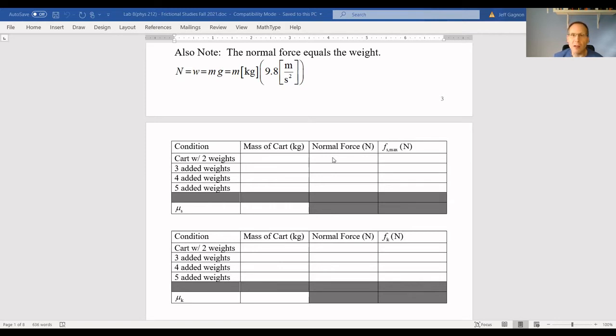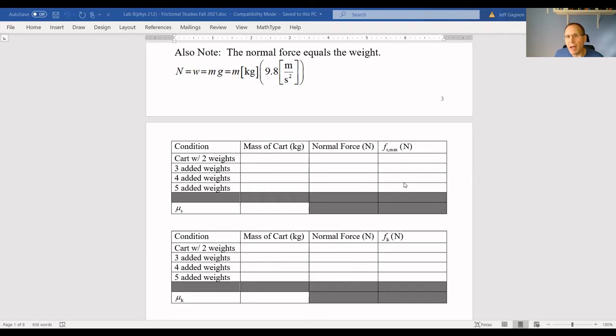However, since there are no other forces acting in the y direction, the normal force is simply equal to the weight. And I have that here in this note. So the normal force is equal to the mass in kilograms times 9.8. That's how you calculate your normal force. And again, that'll be the same for both of these tables here.